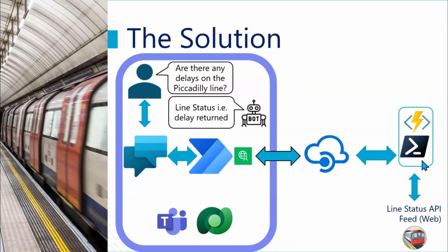And then finally, that's all returned back along the tree, all the way back to the Power Virtual Agent, and it returns the line status. I'll go into this in more detail, but that's at a high level.